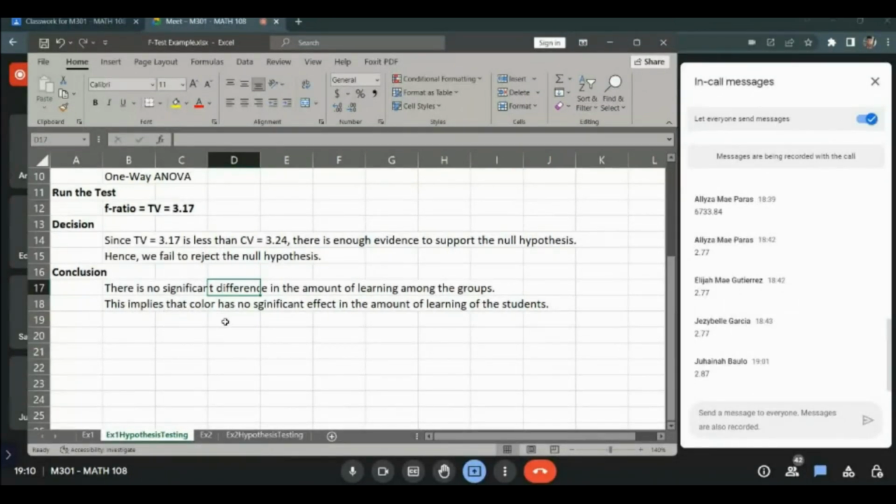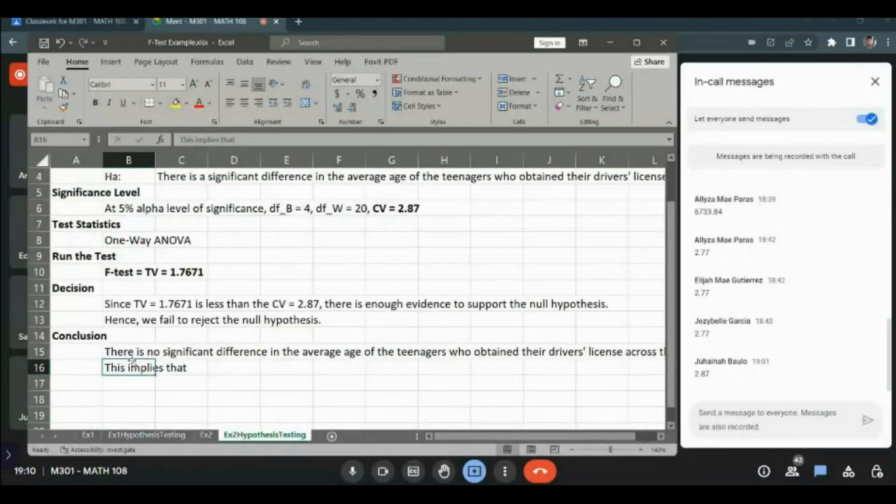In this case, this implies that the region where the teenagers live has no significant effect on the average age they obtained their driver's license.